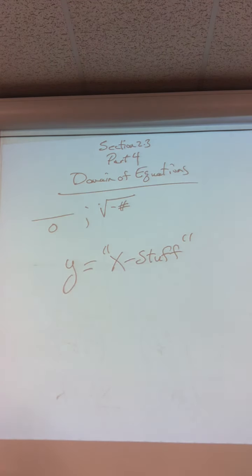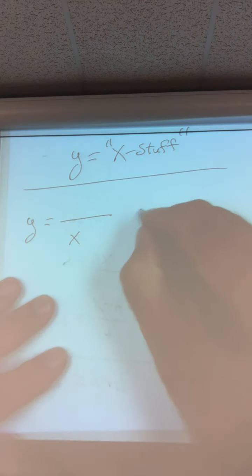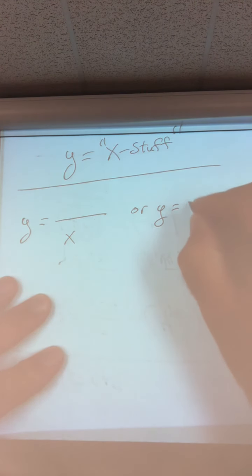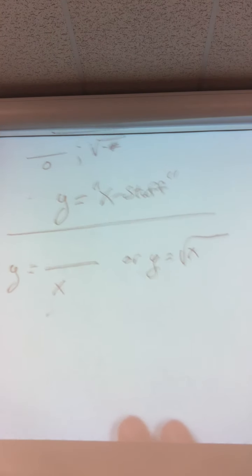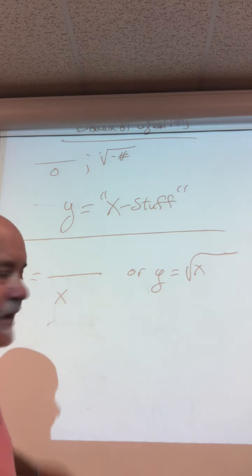Okay, now let me just kind of explain what you just wrote. All right, so here's what we're going to do. You don't have to write this down. What we're going to do is we're going to solve the equation for y.